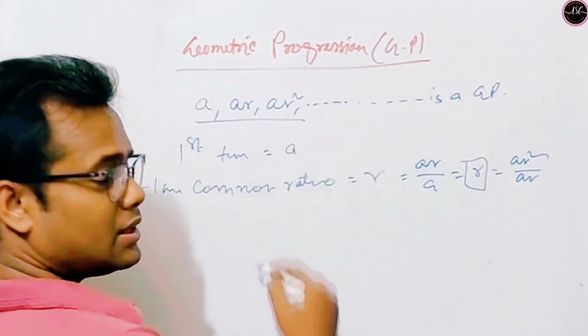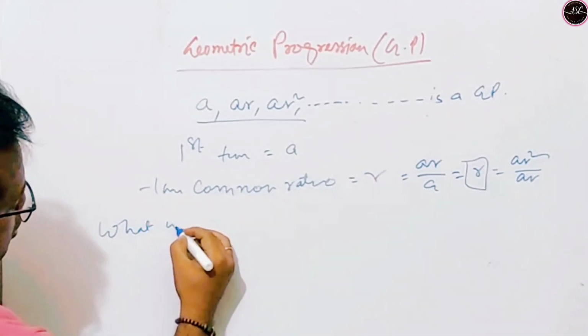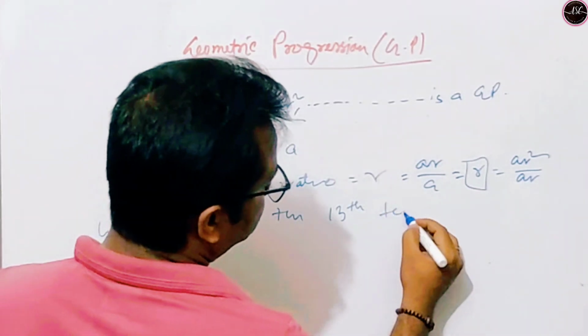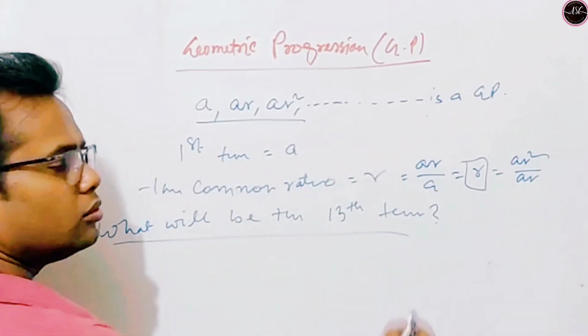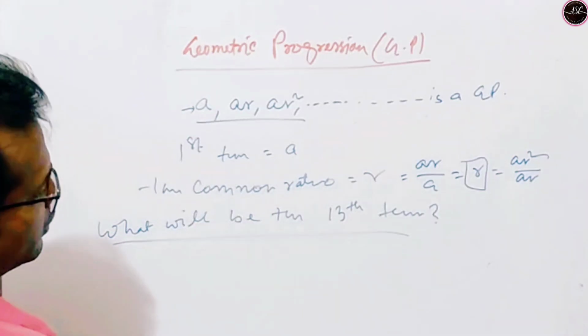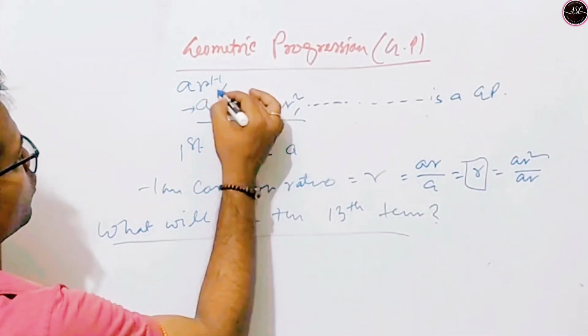So if there is a question, what will be the 13th term? Are you know? Just here, for the first term a, we can write this as a r to the power 1 minus 1.